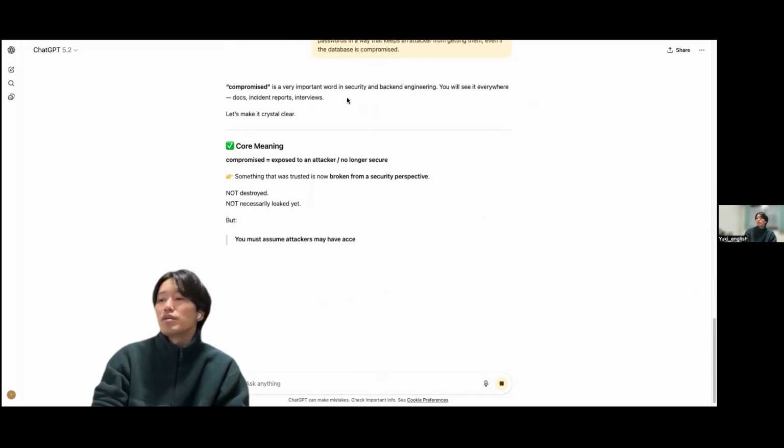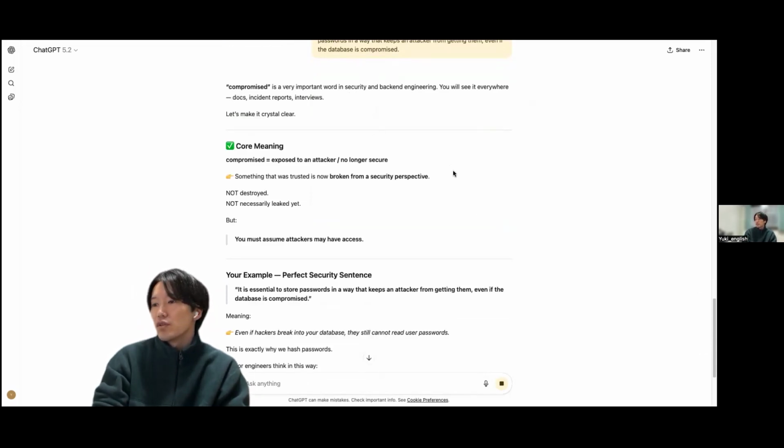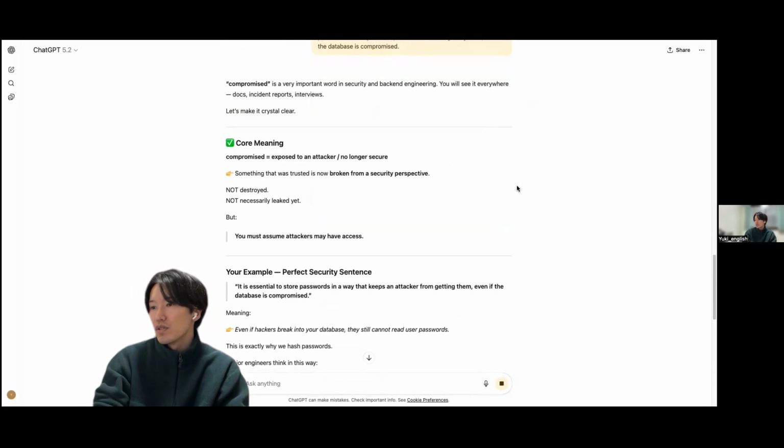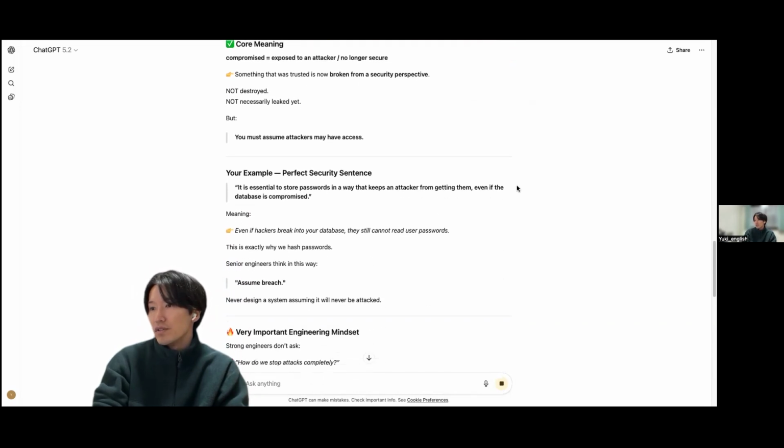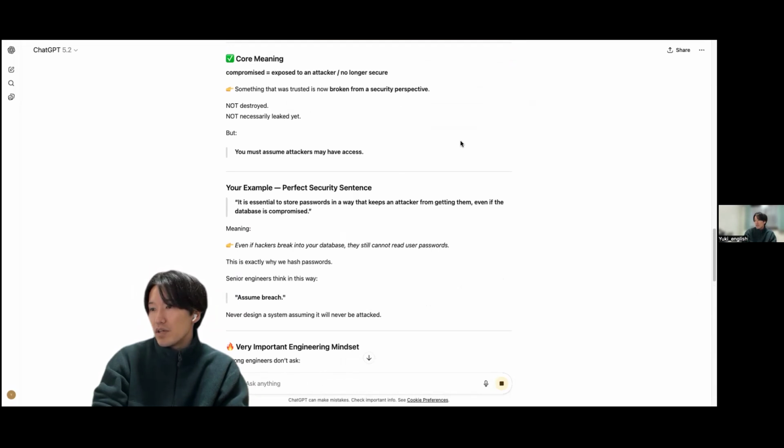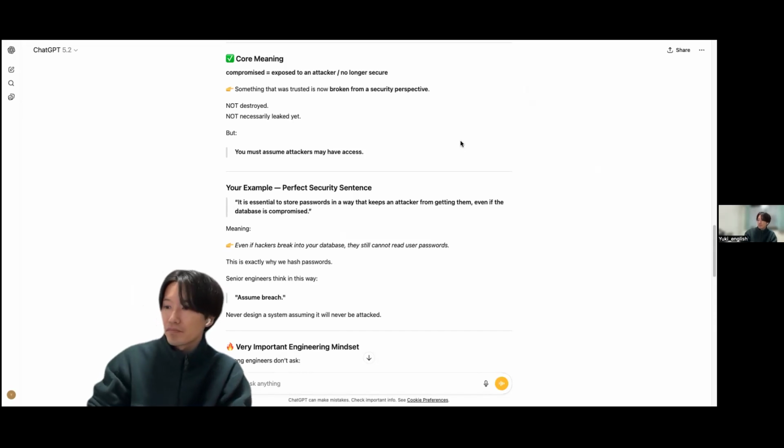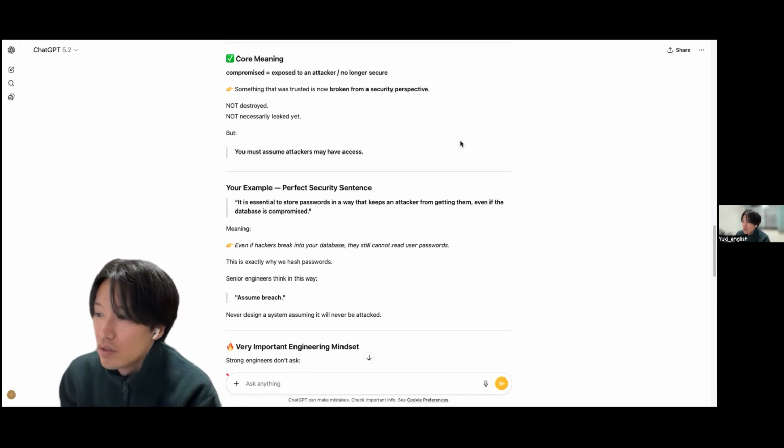Compromised is a very important word in security and backend engineering. You will see it everywhere: docs, incident reports, interviews. Let's make it clear. Core meaning: compromised is exposed to an attacker, no longer secure.